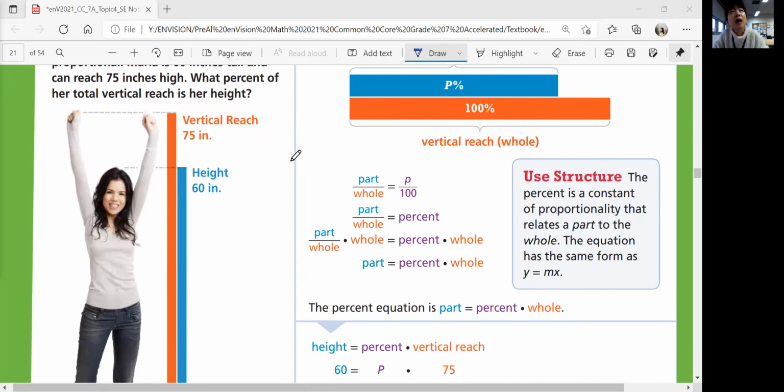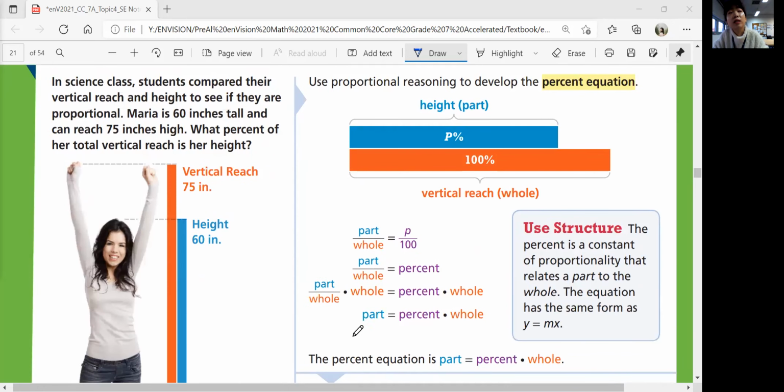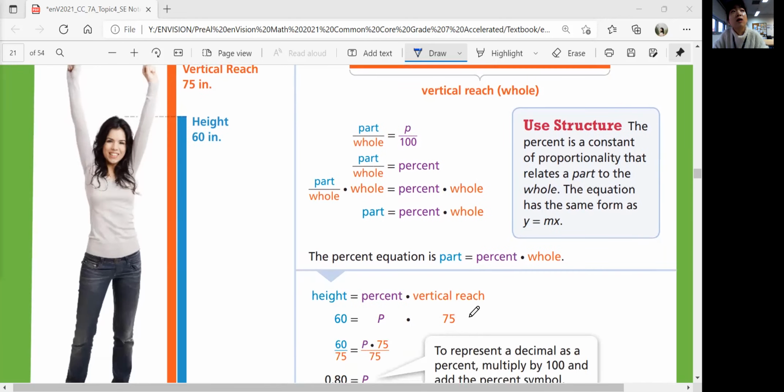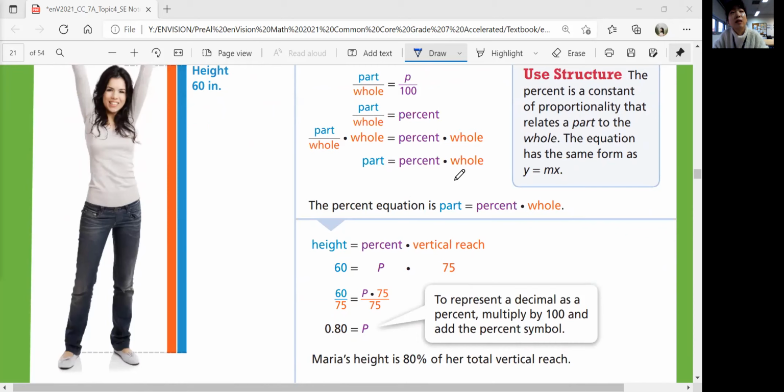So this equation shows you how you can get a part equation whenever you have a proportion of part over whole equals P over 100. Your part is going to be percent times whole. 60 is your part, and that's equal to your percent, you don't know P, times vertical reach 75.